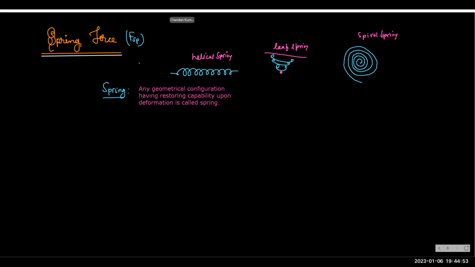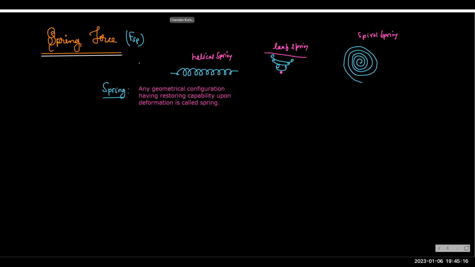Now, if you compress it and release, it will expand to a certain extent, isn't it? Yes. So put it on a surface, compress it and release. You can see it's going back. Again, compress and release, it is again going back. Yes or no? Tell me. Yes.